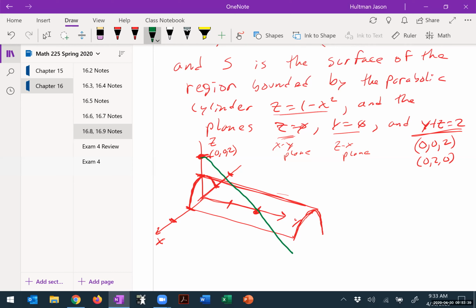Okay, and so what does this look like? Well, I'm going to get rid of a couple of these things here. I'm going to erase this guy, don't want him anymore. I don't want this guy, and I don't want this guy either. Okay, what does this look like? Well, this looks like this. It's more slanted.